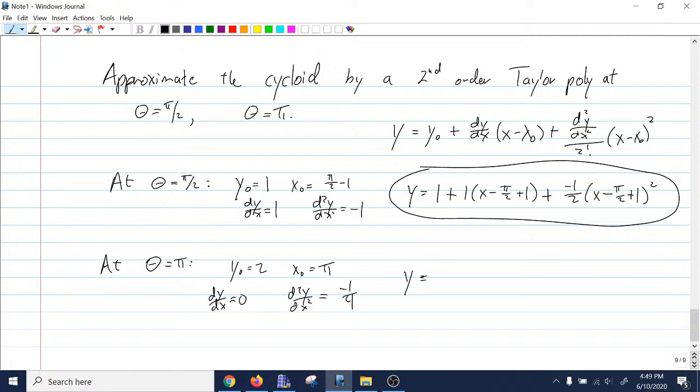So this one will give me the curve y equals y value is 2, plus the slope times something, x minus the x value, which is pi, plus the second derivative, negative 1/4, x minus pi squared. Oh, gotta divide by 2 factorial. So it'll be negative 1/8 is the correct thing to stick in there.